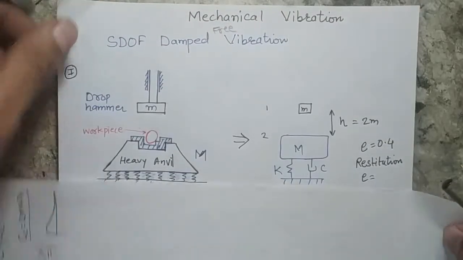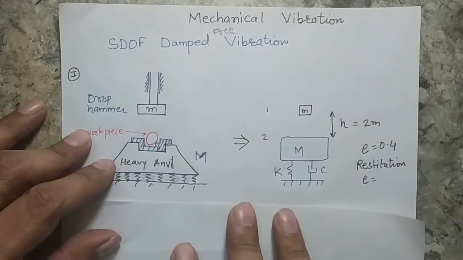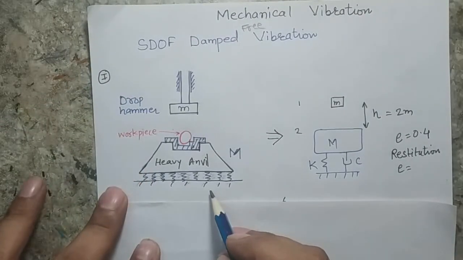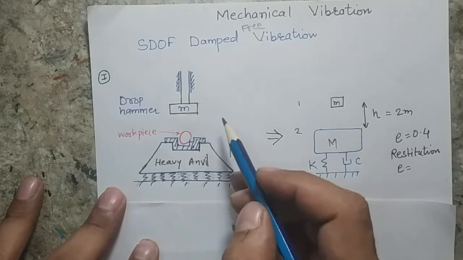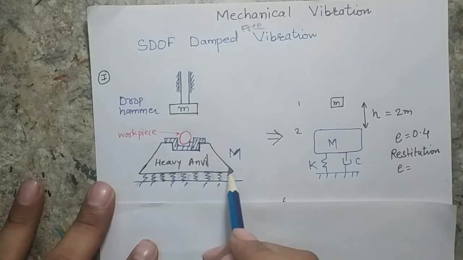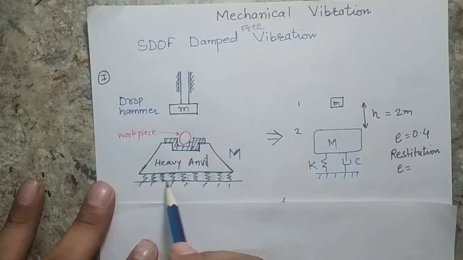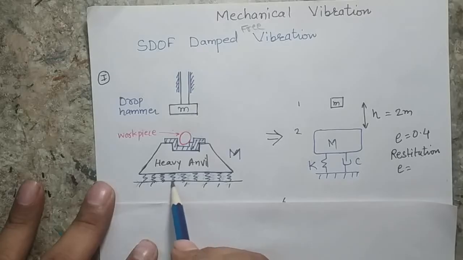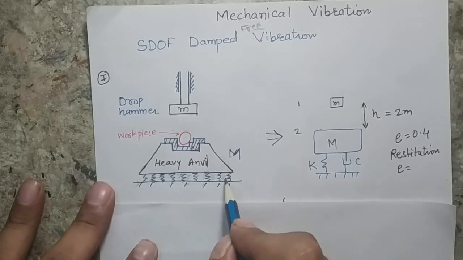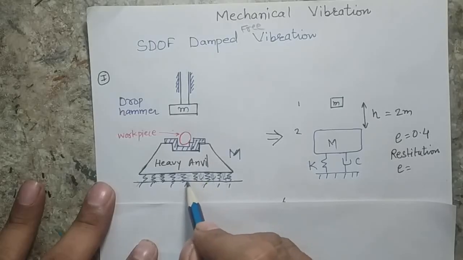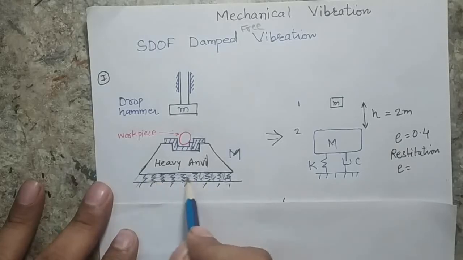Here I am showing a real life problem, a forging press. How does the forging press work? Here is a huge mass placed on some base. Instead of showing the base, I am showing some springs, but actually there are springs and dampers, or there may be a concrete packaging.